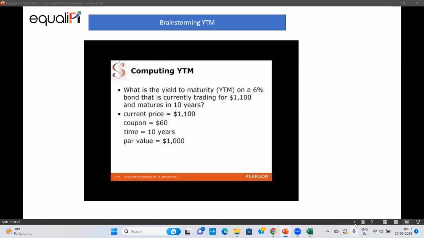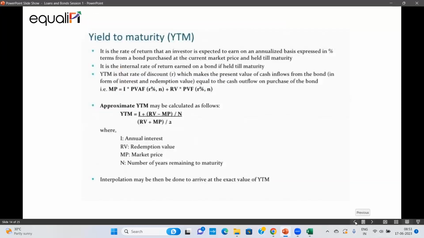Is it 4.72 for everyone? Everyone got it?